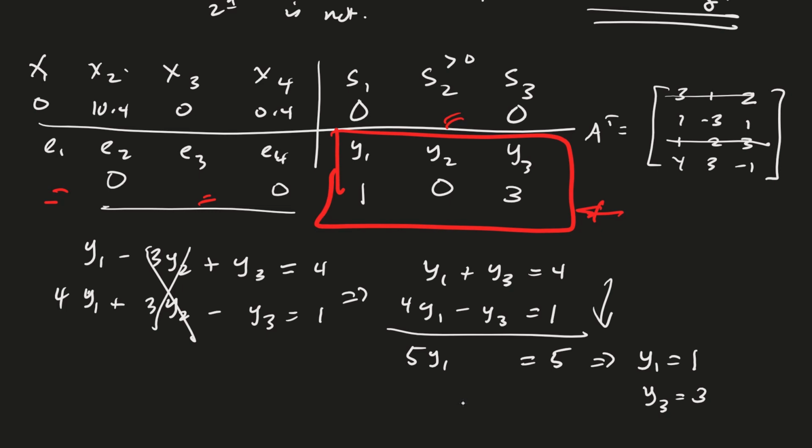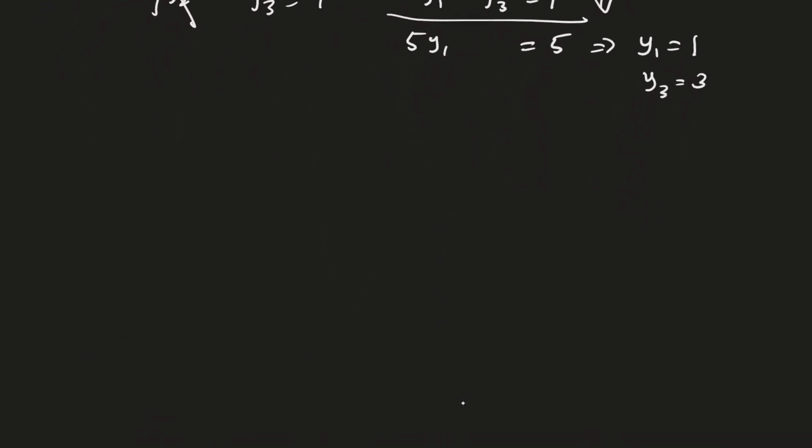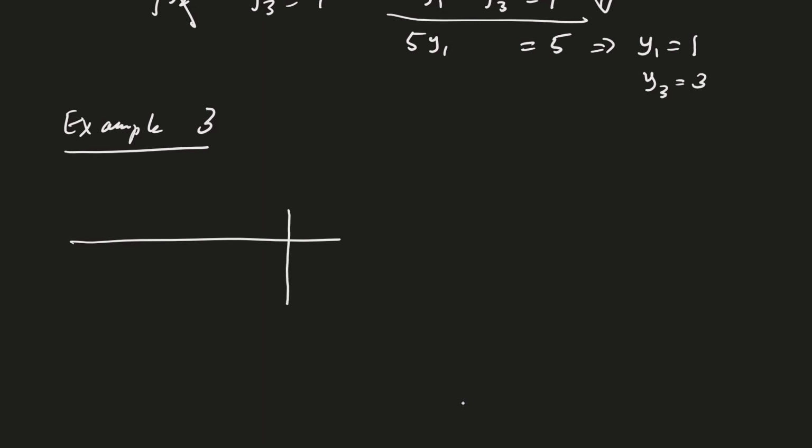Good. Okay, so we've got a little bit of time left. Let's go ahead and do one more example here. So in this example, example 3, I'm actually going to be giving you a couple of tableaus. Example 3, I'm going to have two tableaus, x1, x2, s1, s2, x1, x2, s1, s2.